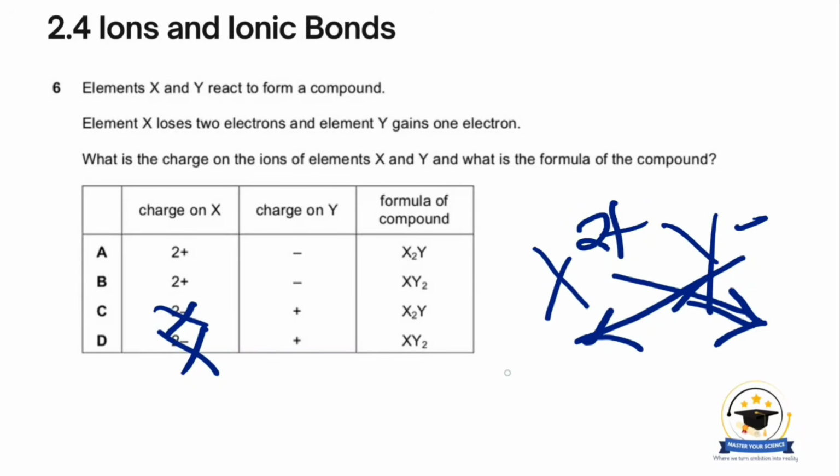So that gives us XY2 as the formula. So that eliminates A, and we've got B as our correct answer.